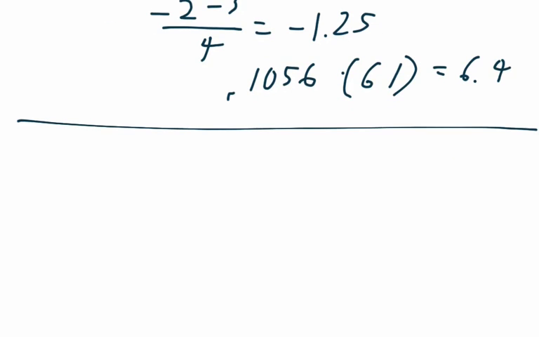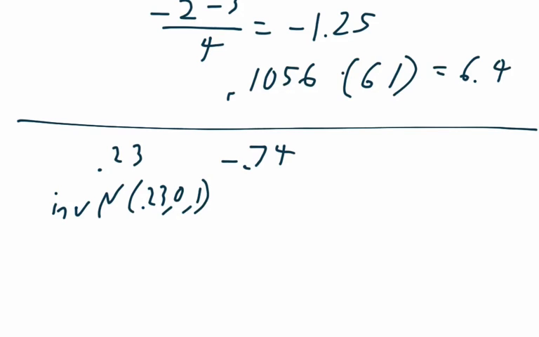For the 23rd percentile, look for the thing that is closest to 0.23 on the table, which is negative 0.74. If you do inverse norm of 0.23 with a mean of 0 and a standard deviation of 1, you get that negative 0.74 as well.